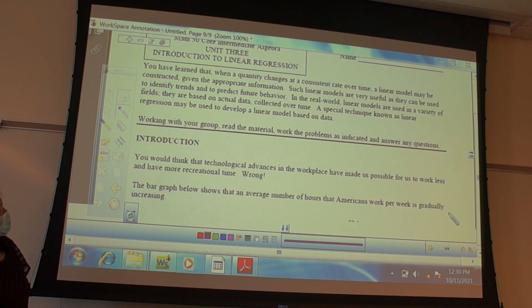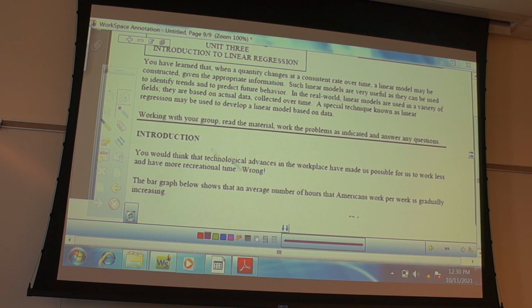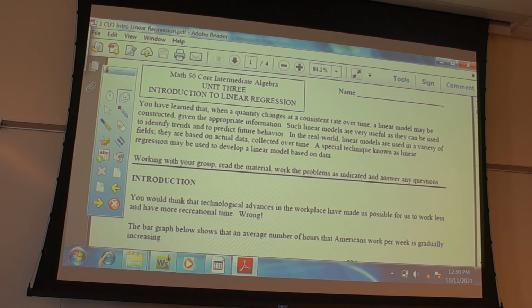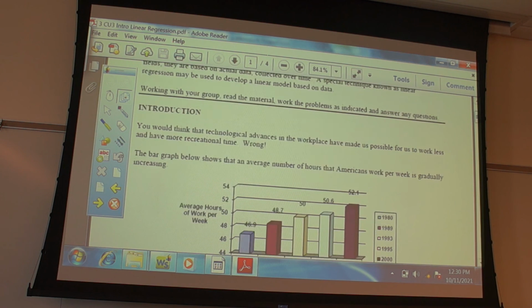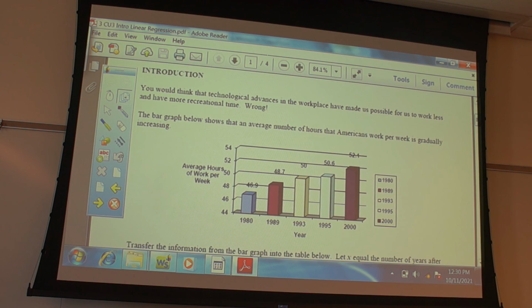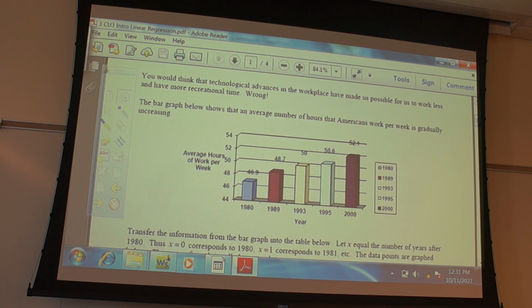Perfect, thank you. So we're going to do this as a group together. First, the introduction. Fox, can you read the next part for us? You would think that technological advances in the workplace have made it possible for us to work less and have more recreational time.